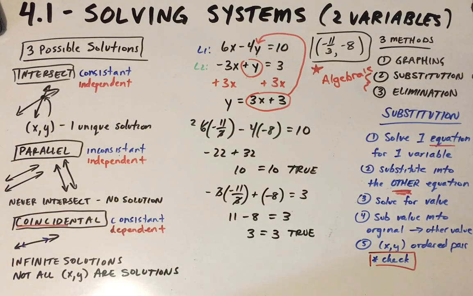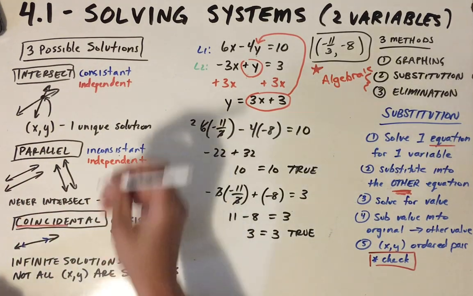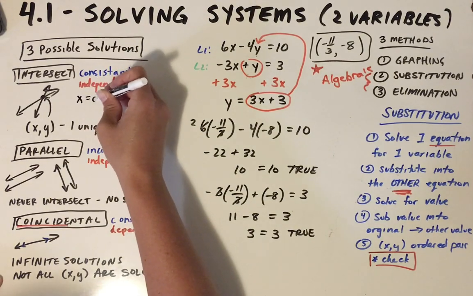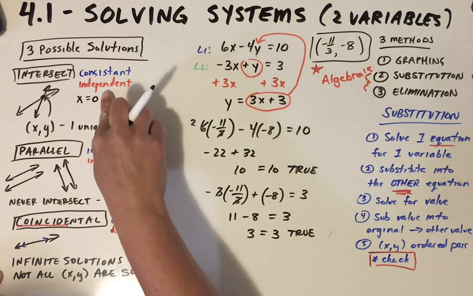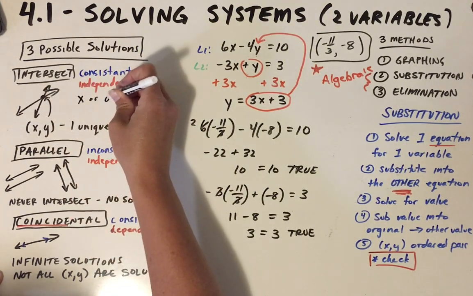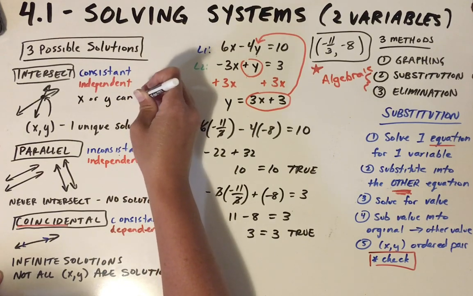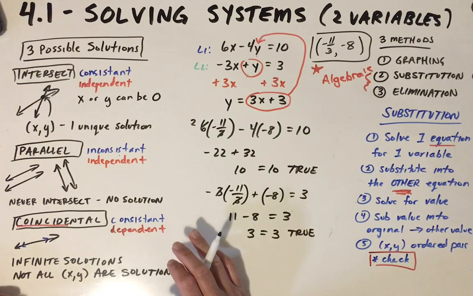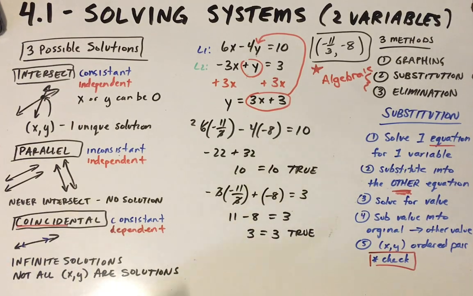A couple things I want to point out about algebra. The value of x can be 0, so x or y can be 0, but you'll get a value. If x equals 0, then x equals 0. If y equals 0, then y equals 0.